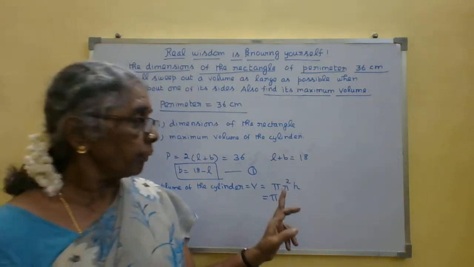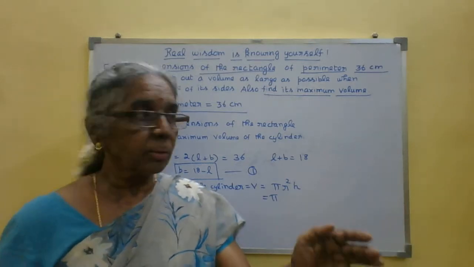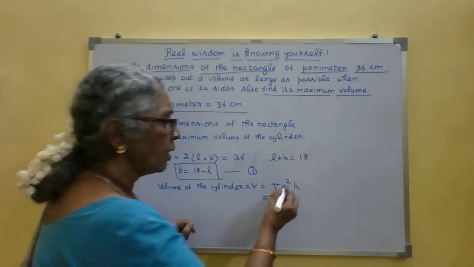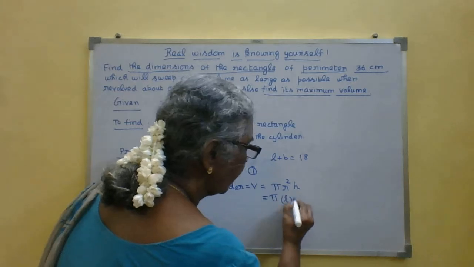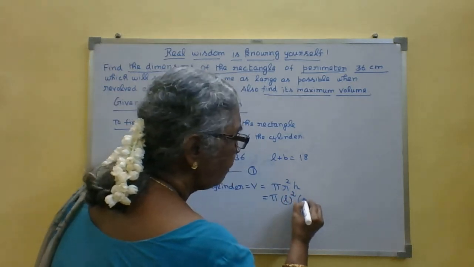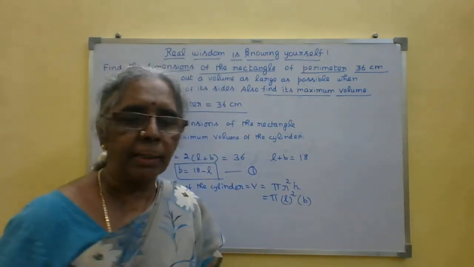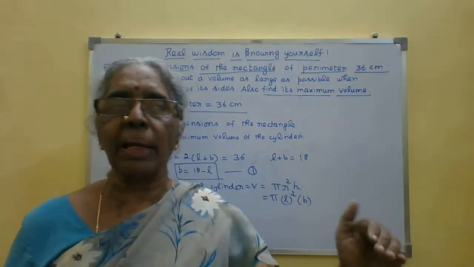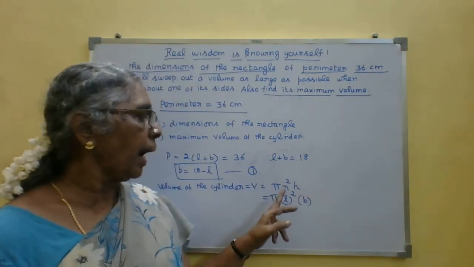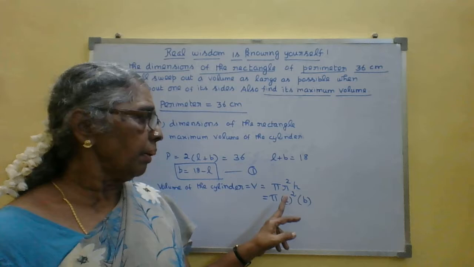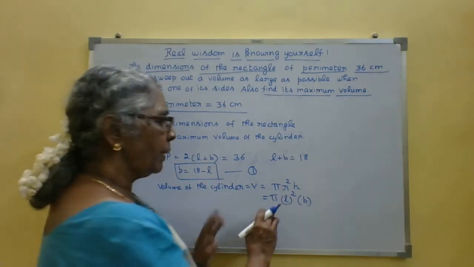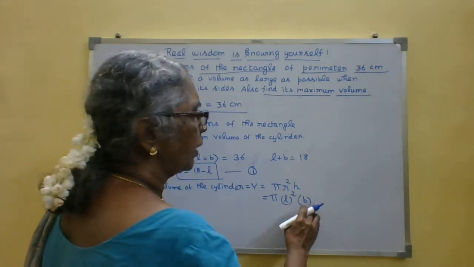You know that the L becomes the R here. So you write here L squared, and the B becomes the H. So you write B, because our axis of rotation is B, that becomes the height, and then this L is R. Now we will be getting pi L squared B.